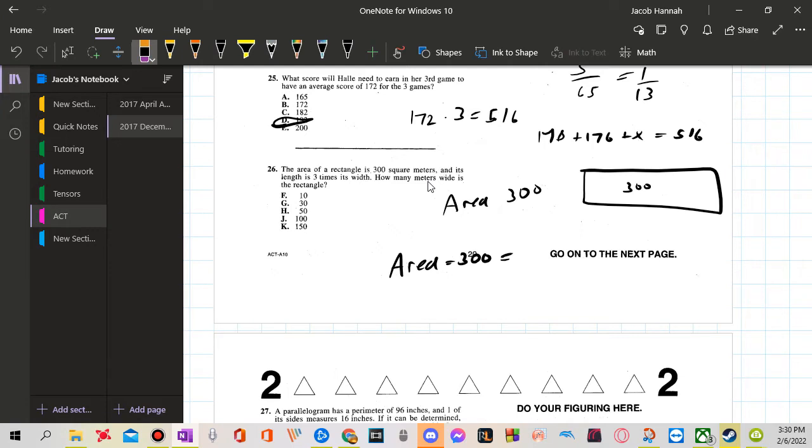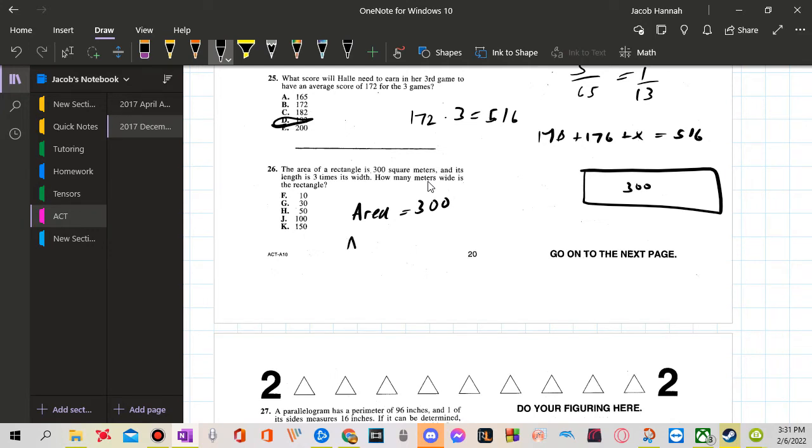I don't know why I'm being dumb with this. Hold on. So the length. Here you go. I got it. Alright, so the area is 300.